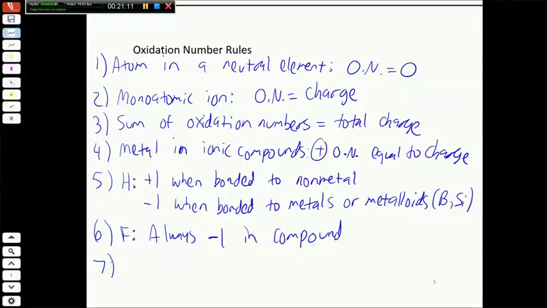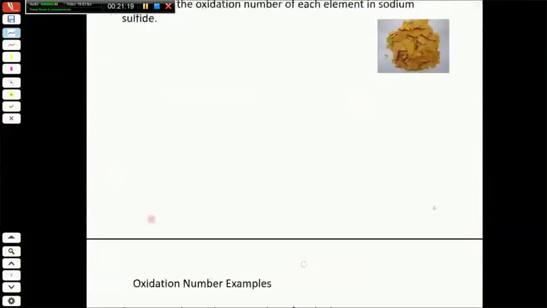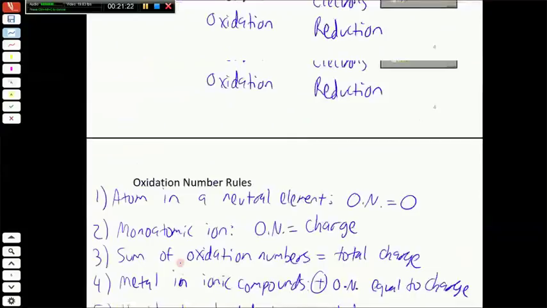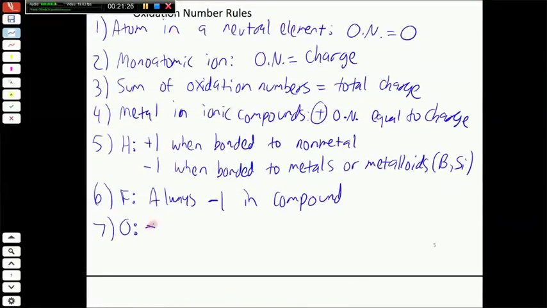Oxygen is another one that's almost always the same. So oxygen is also very electronegative, so it tends to hog electrons as well. And so most compounds with oxygen have -2 oxidation numbers, unless the oxygen is bonded to another oxygen or fluorine.